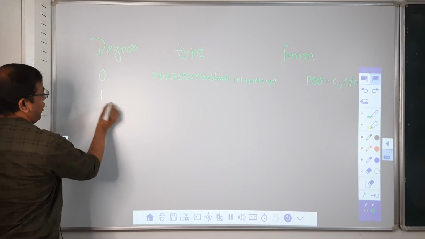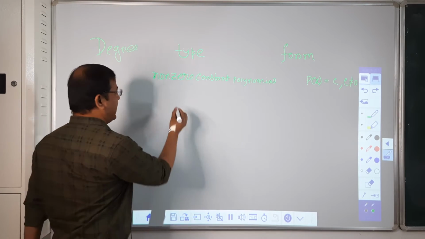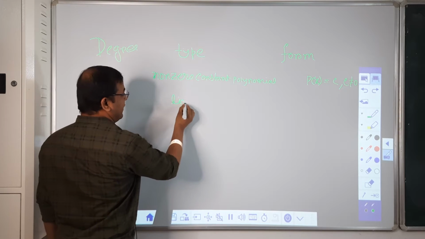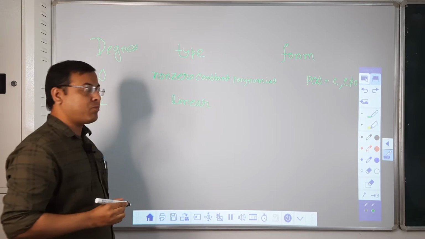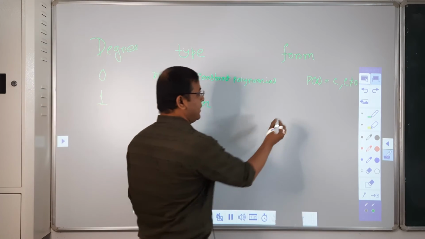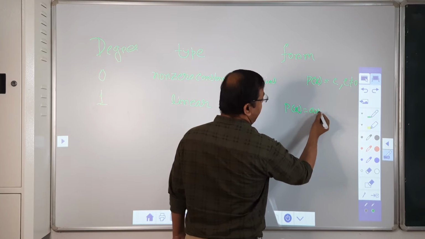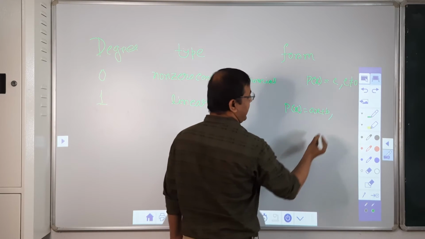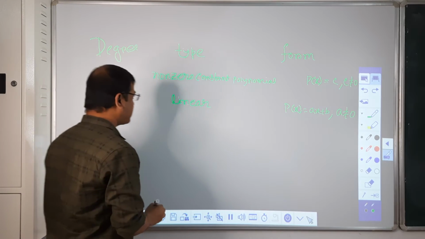If the degree of the polynomial is 1, then the polynomial is called a linear polynomial. What is the form of a linear polynomial? The form of a linear polynomial is px equal to ax plus b, where a is not equal to 0.